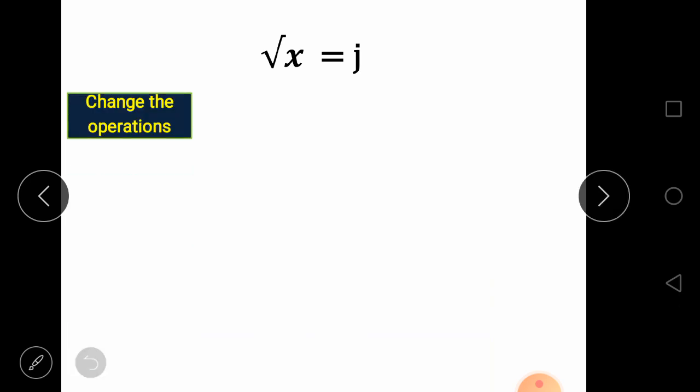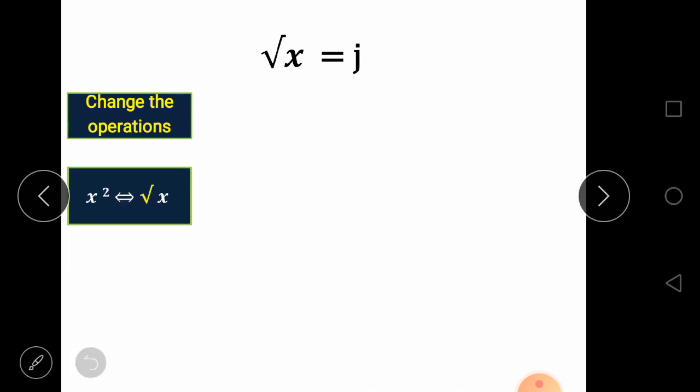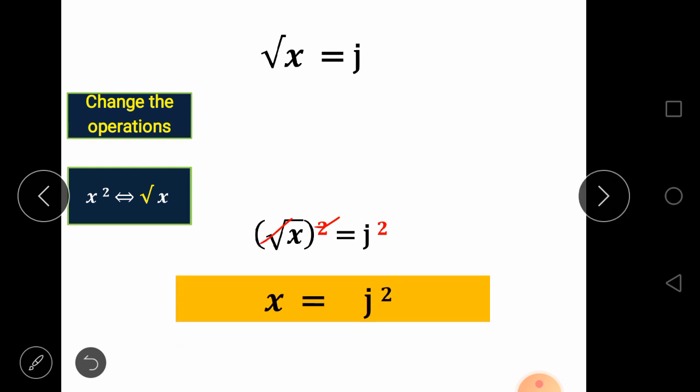Okay, what if we have square root of x equals j? We change the operation, which is we square both sides. So again, the square root will be cancelled with the square, so we will be left with x equals j squared.